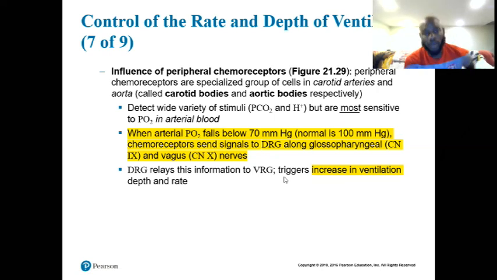So when your arterial partial pressure of oxygen falls below 70 millimeters of mercury, remember, right after that blood leaves your left ventricle, we should be around 100 millimeters of mercury of partial pressure of oxygen. Remember, it's very oxygenated at that point. Chemoreceptors can send signals to the DRG along the glossopharyngeal and the vagus nerves, triggers the VRG and increases ventilation. So I don't have enough oxygen in my blood, I increase ventilation, which makes sense.